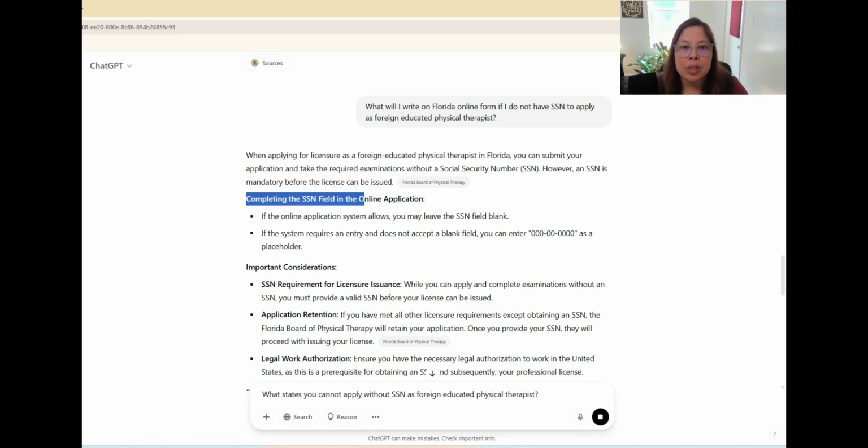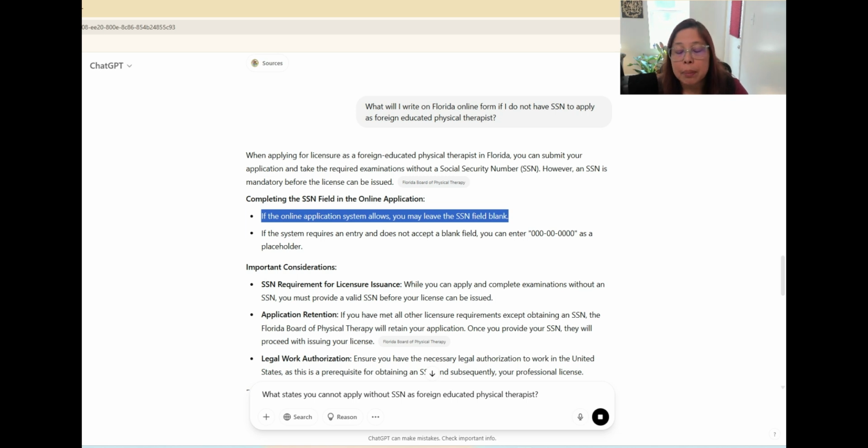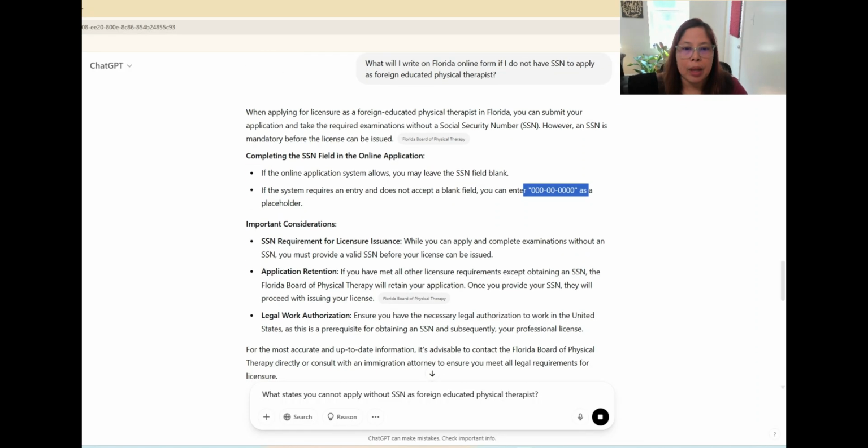Completing the social security number field in the online application: if the online application system allows, you may leave the social security number field blank. If the system requires an entry and does not accept the blank field, then you can enter 000-00-0000 as a placeholder.